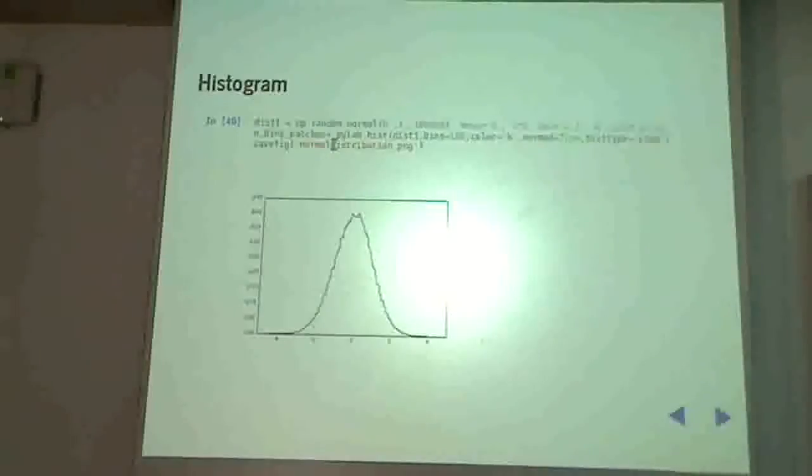Normed equal to true indicates that I want the histogram to be normalized, meaning the area under the histogram should be equal to 1. The histogram type I specify as step. Otherwise the default makes it look like a bar chart. But the step doesn't draw those vertical downward lines, and it shows me the histogram.